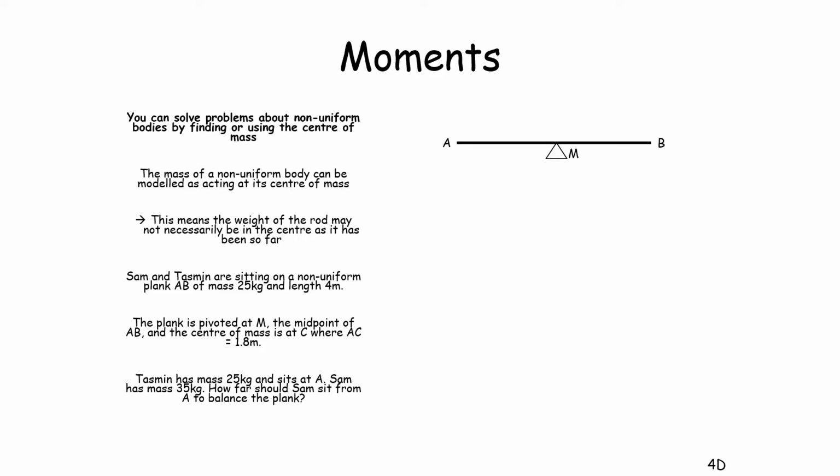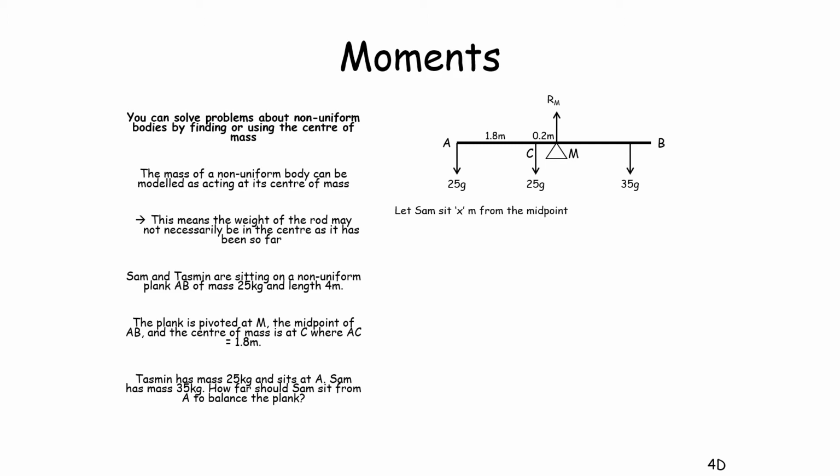First, as usual, we draw a nice big clear diagram and label all the forces. We have the normal reaction at M, and 25G this way, because Tasmin has a mass of 25 kg and she sits at A. The center of mass of this plank also gives 25G, and we put it here.